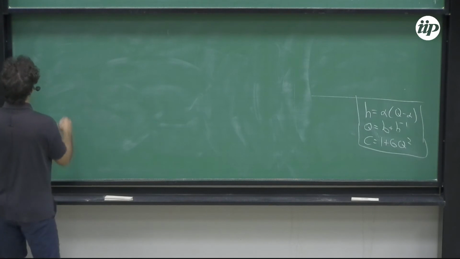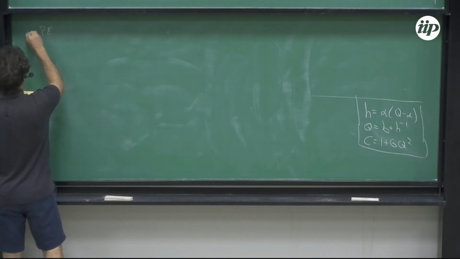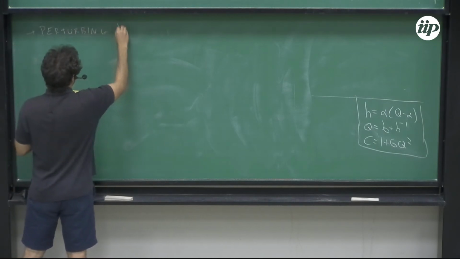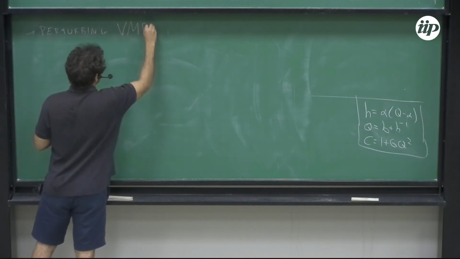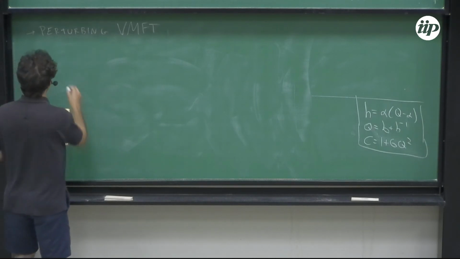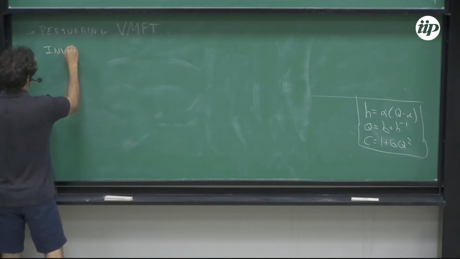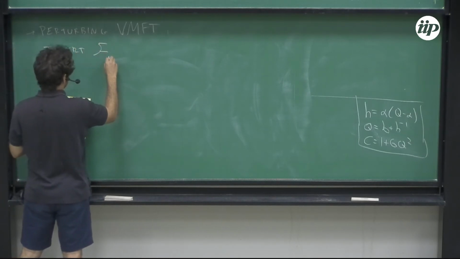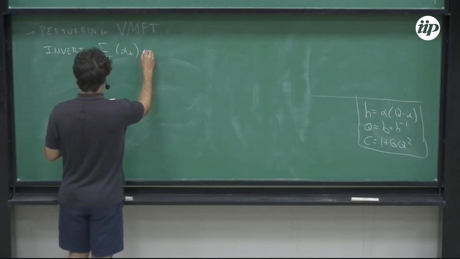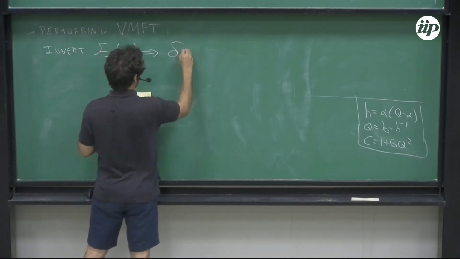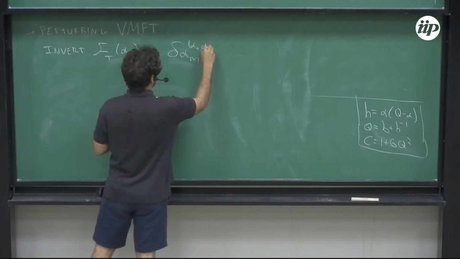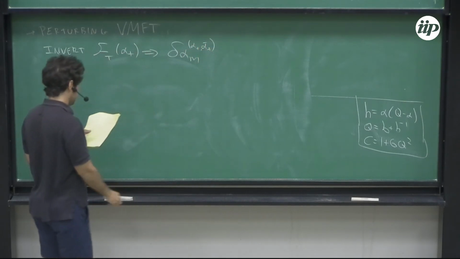Good. So now we want to perturb VMFT. We're just going to do this one operator at a time. So we're going to invert some t-channel block for some non-vacuum Virasoro primary. And this will give us some anomalous momentum, alpha m, which depends on alpha t and alpha t bar. Okay.